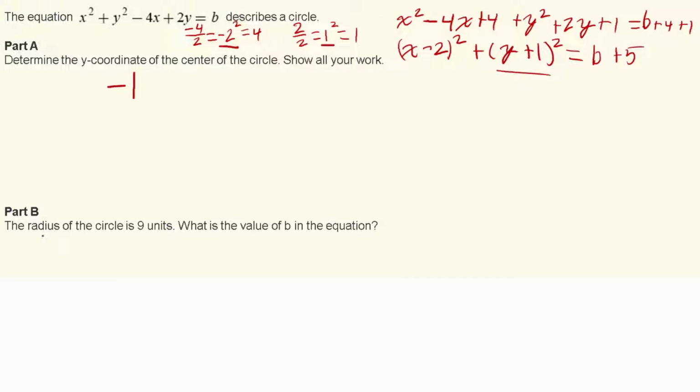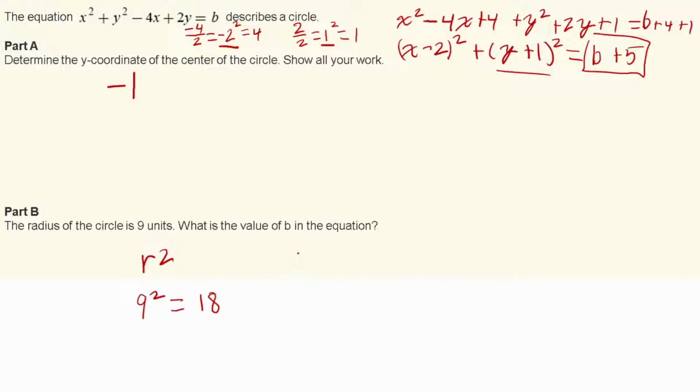Next up, says the radius of the circle is 9 units. What is the value of b in the equation? So what it's asking is, what could we plug in for b to have our radius be represented here? Now, in our original equation, we usually have r squared on that side, which means 9 squared, which is going to be 18.